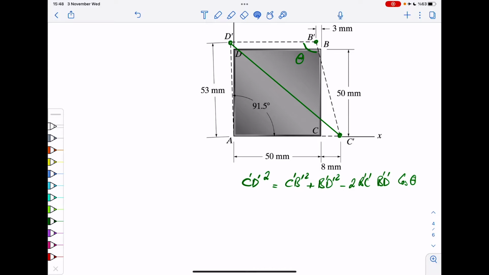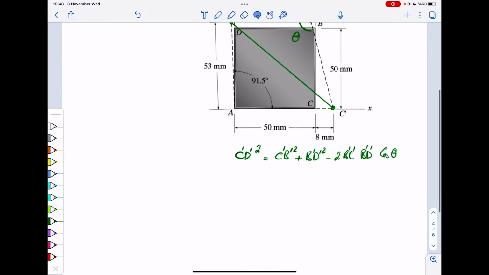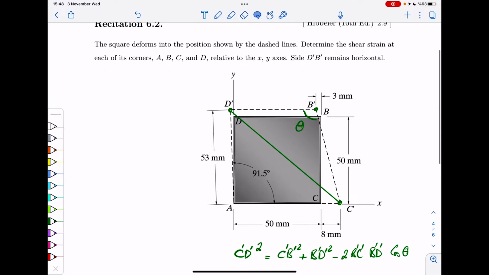Just shift this a little up. Okay. So now that we have this, we have a relationship from which you can compute angle theta, and then if you have angle theta, you subtract pi over 2 from it, and you get shear strain. The only thing that we need are these.